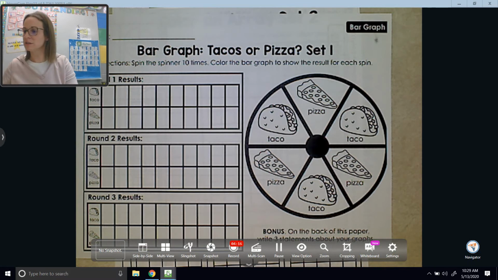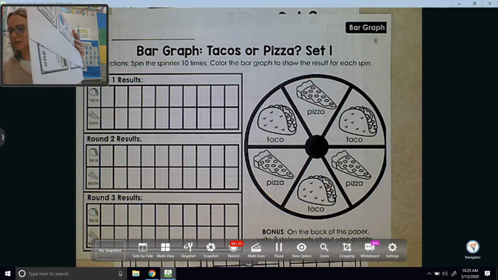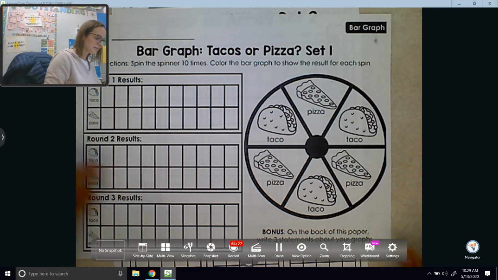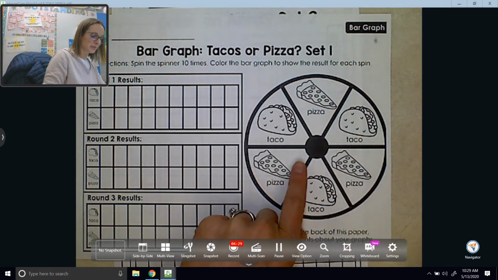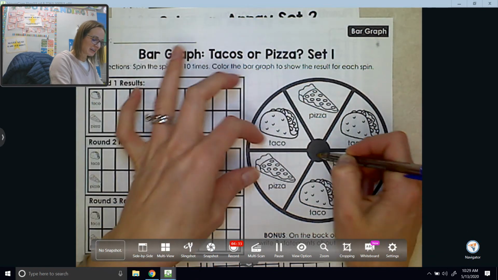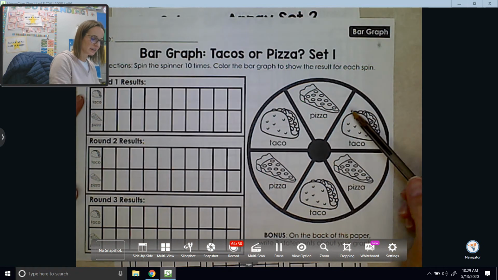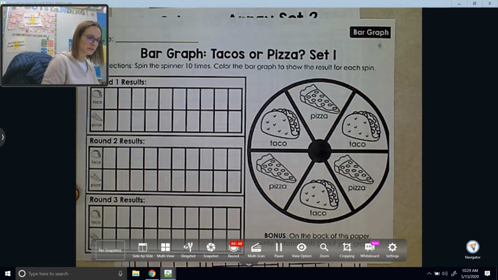I grabbed the paper clip to remind you how to make the spinner, and of course it disappeared on me. Anyway, if I had a paper clip, you would put it right here, put your pencil or pen in it, and give it a flick, and it's going to land on pizza or taco.